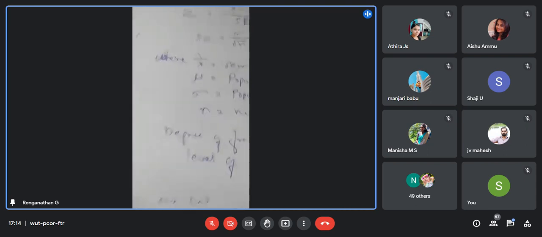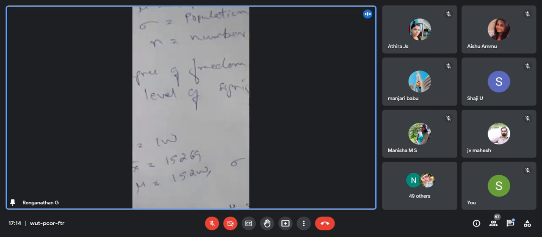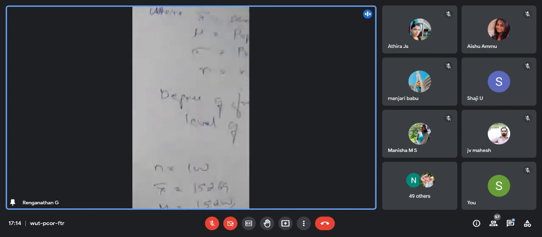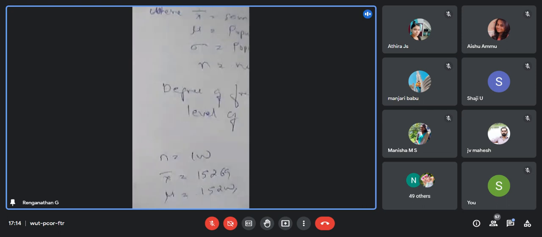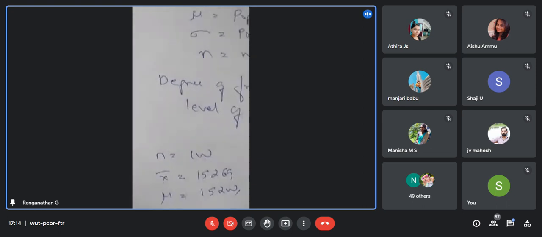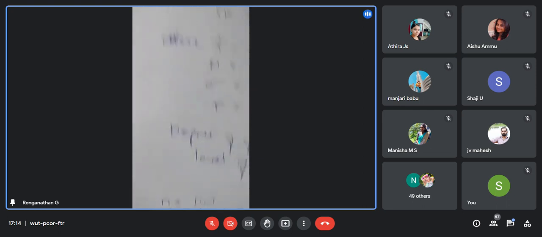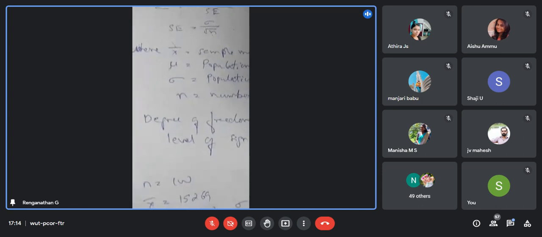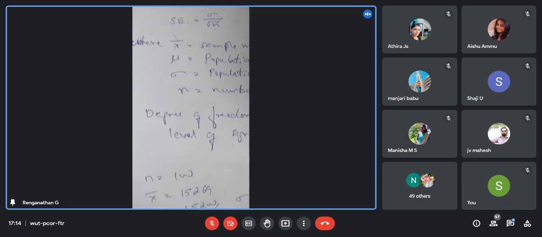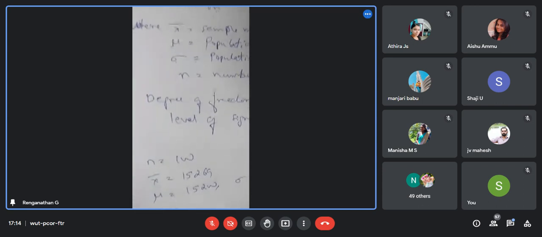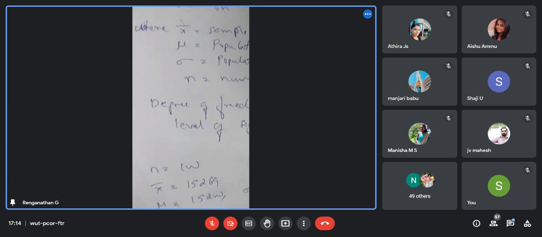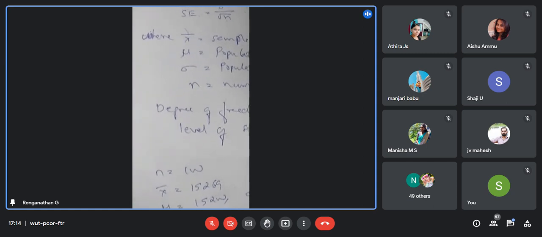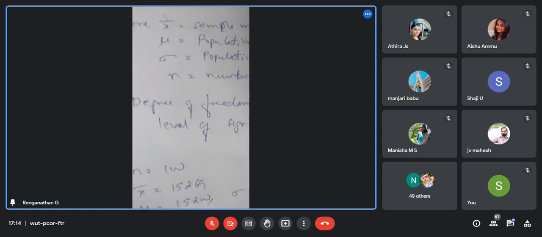So as a conclusion, after finding all these values, you have to write down like this: since the calculated value 0.553 is less than the table value 1.96, we accept the null hypothesis.